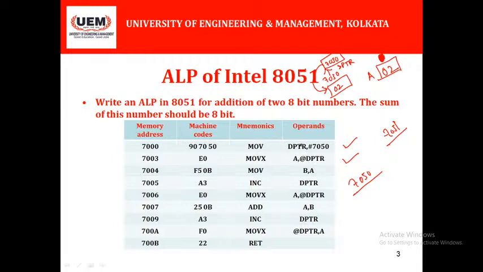Now MOV DPTR, #7050, so we are transmitting the value 7050 to DPTR. Now MOVX A, @DPTR.